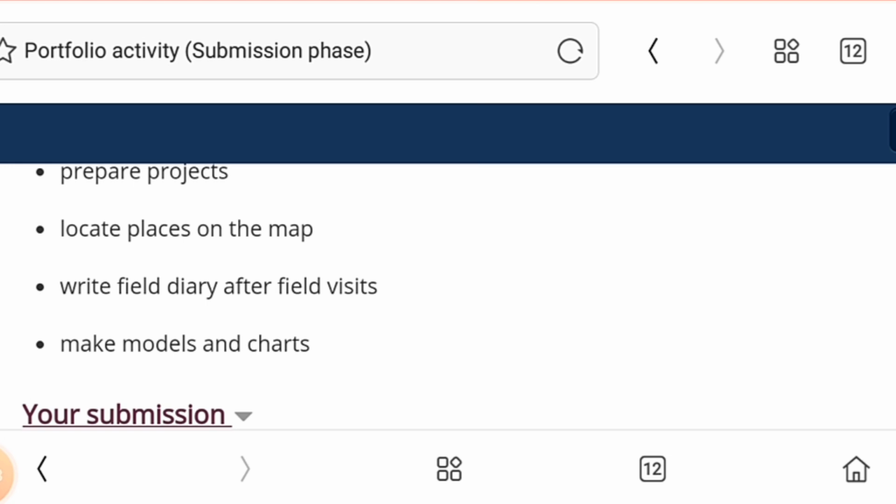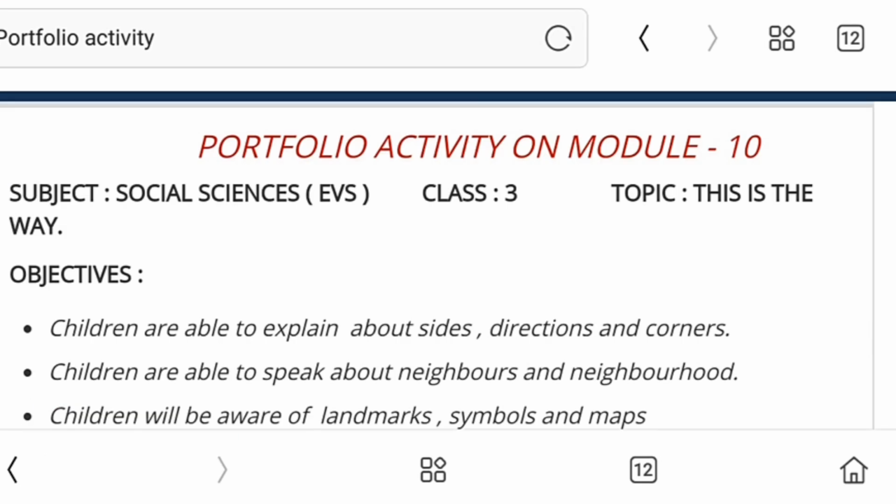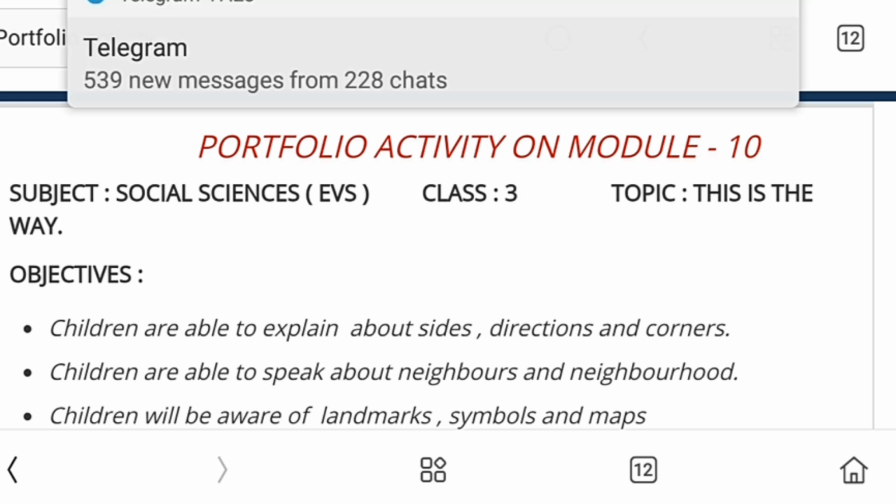So let's start and see our portfolio. What is our portfolio? You see here our portfolio subject, social sciences. You know very well, but they have told us to make a portfolio for UP, but I took class 3 for primary only. The topic is 'This is the way', the directions in the primary stage.